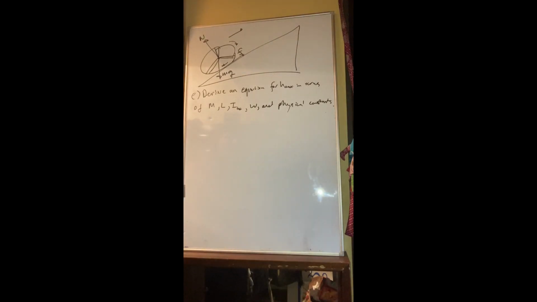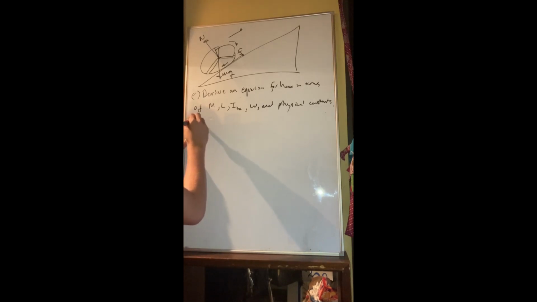Part E, we are asked to analyze the same situation, but now to derive an equation for the maximum height it reaches with the variables m, L, the total moment of inertia of the system, the angular velocity, and physical constants. So let's use an energy analysis here.